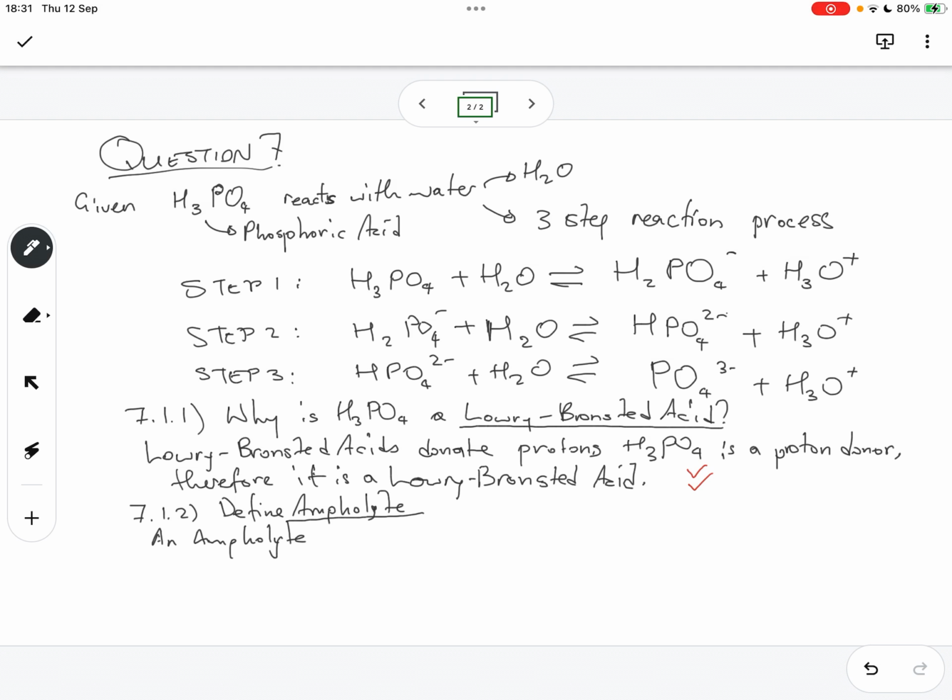What is ampholyte? You're not sure. Okay, it's fine. We can both think about it. You remember those substances, amphoteric, where they can react as either base or acid. Remember that?